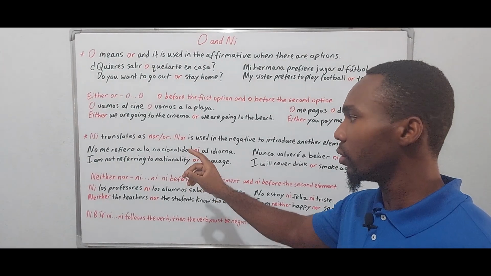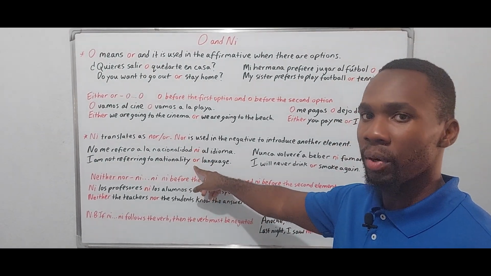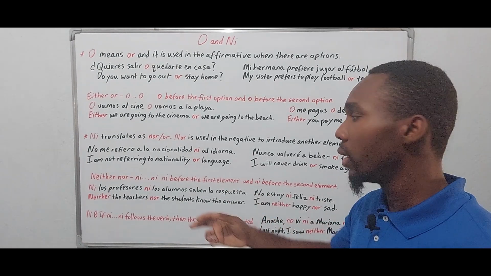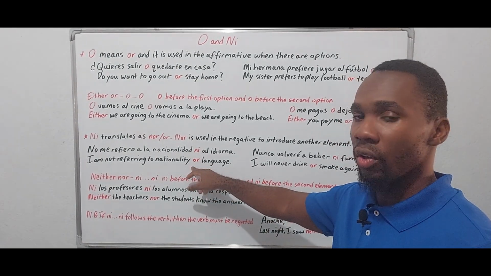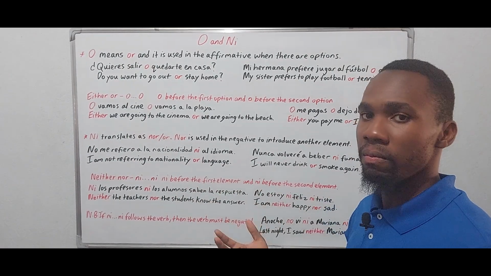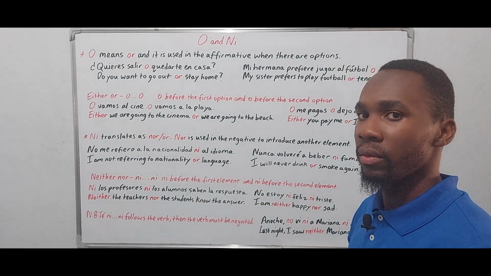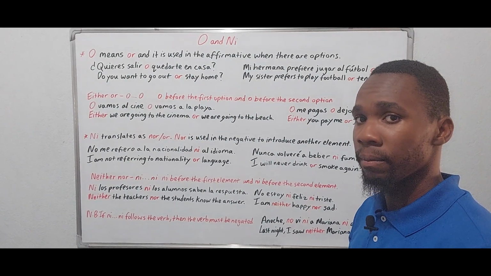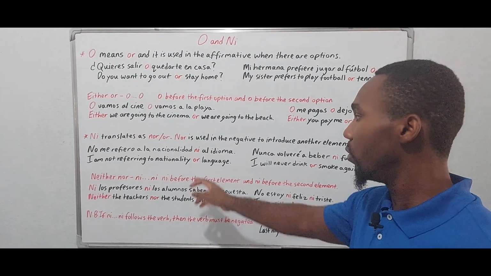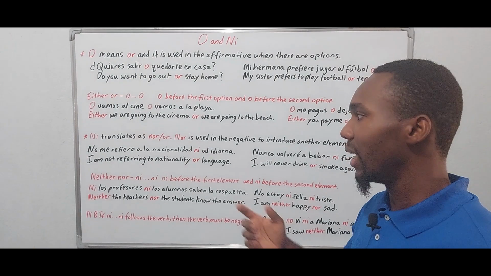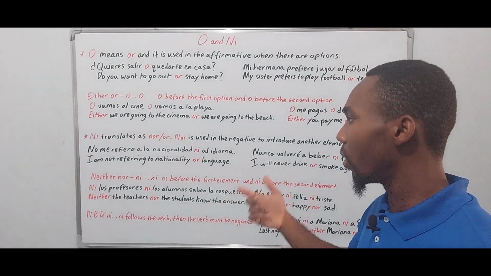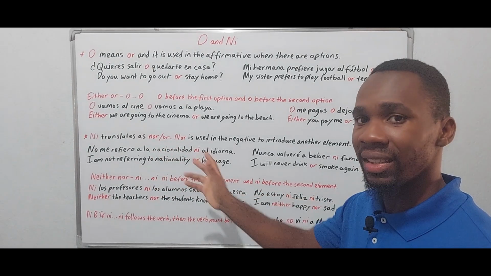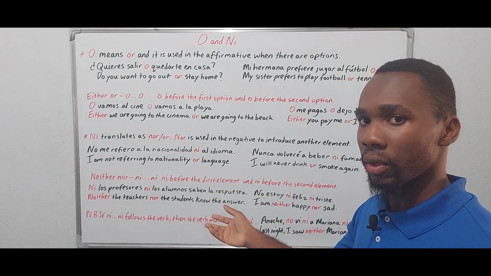Because if I were typing this in, let's say, Microsoft Word, and I were to put nor here, the computer would probably identify it as a grammatical mistake. But you can use or here. I am not referring to nationality or language, right? Because this verb is negative, okay?